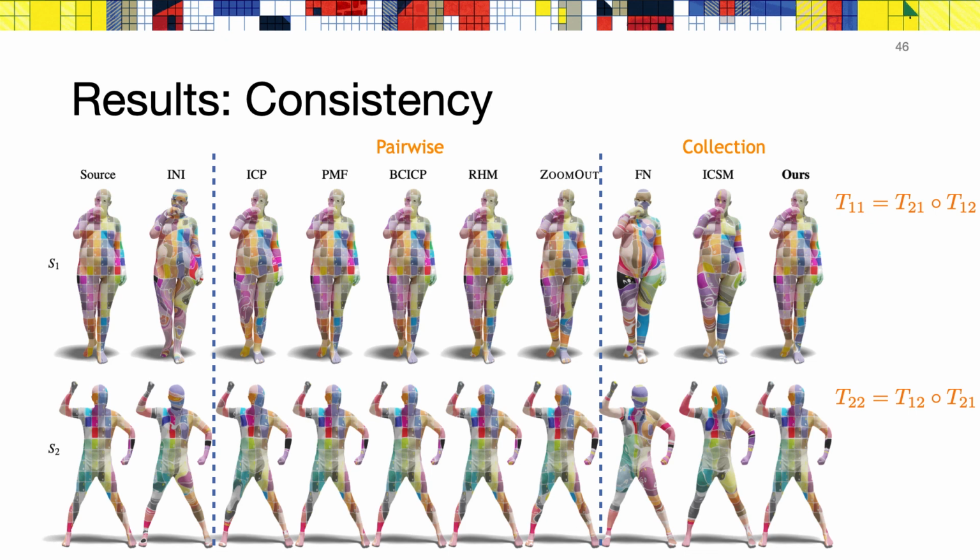It's worth noting that these methods are specifically designed to enforce the bijectivity of the pointwise maps, which is usually quite expensive and slow. On the other hand, our approach is efficient and encourages the consistency in an implicit way. Lastly, our results obviously outperform the map synchronization baselines by a large margin.